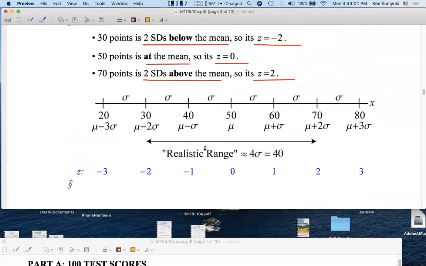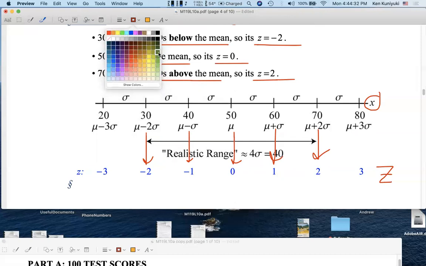All right. So going from the x number line to a sort of z number line, the z-score for 30 would be negative 2, for 40 it would be negative 1, for 50 it would be 0, for 60 it would be positive 1, for 70 it would be positive 2, and so forth. So each x score over here has a corresponding z-score, which tells you whether you're above, below, or at the mean, and how far away from the mean you are in terms of standard deviations, this yardstick.